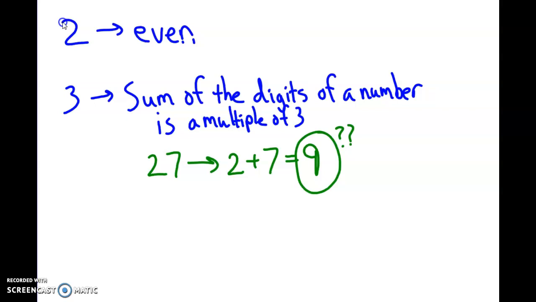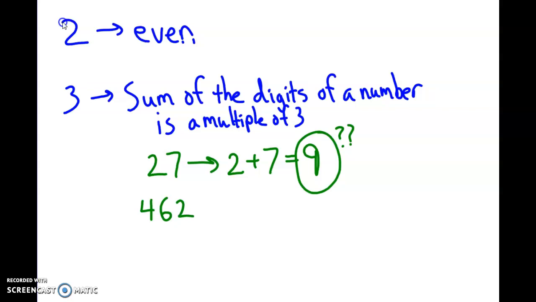Again, this works great for smaller numbers, but as we get to larger numbers, it helps us determine whether or not a number is divisible by 3. Let's say we take something like 462. Is that number divisible by 3?